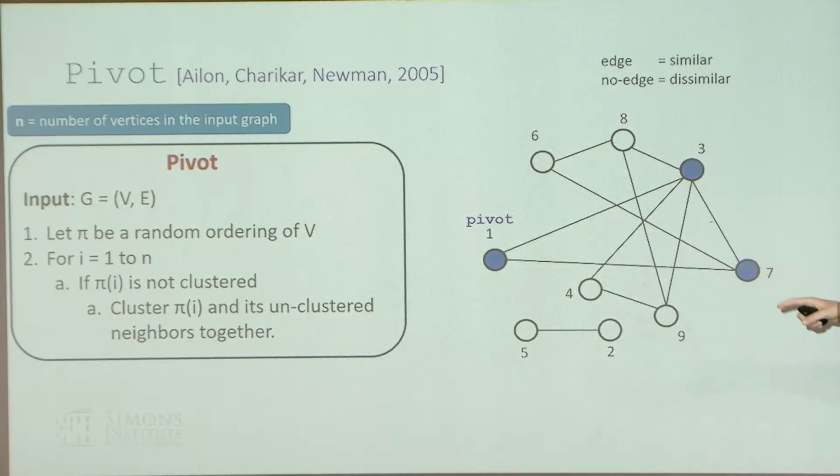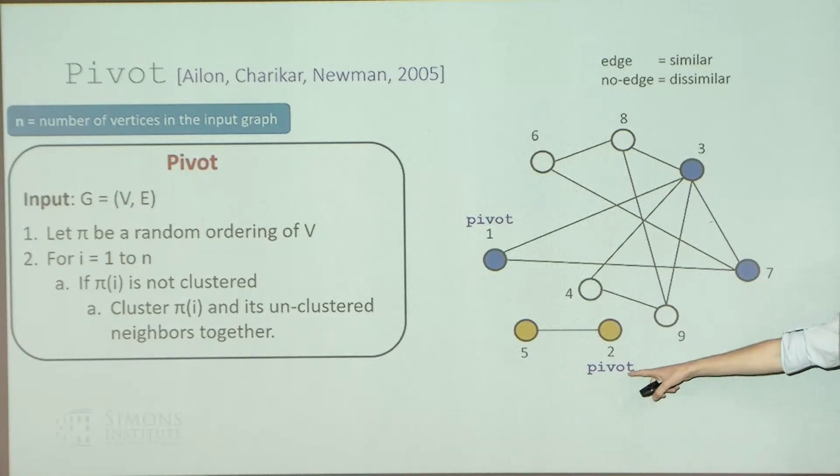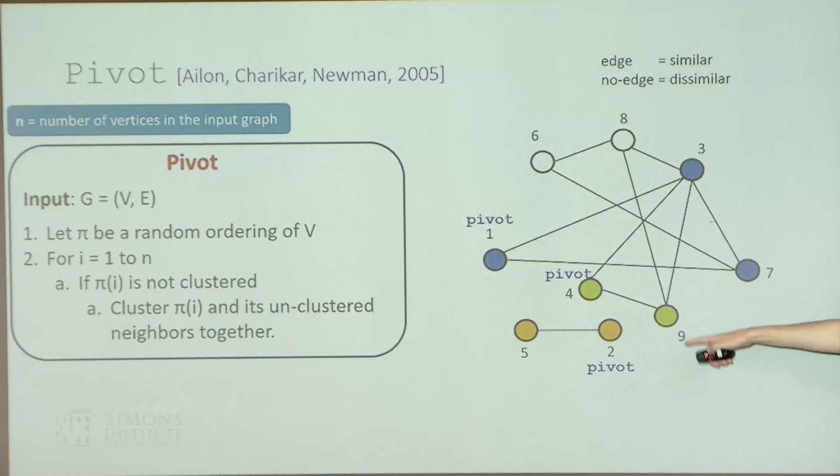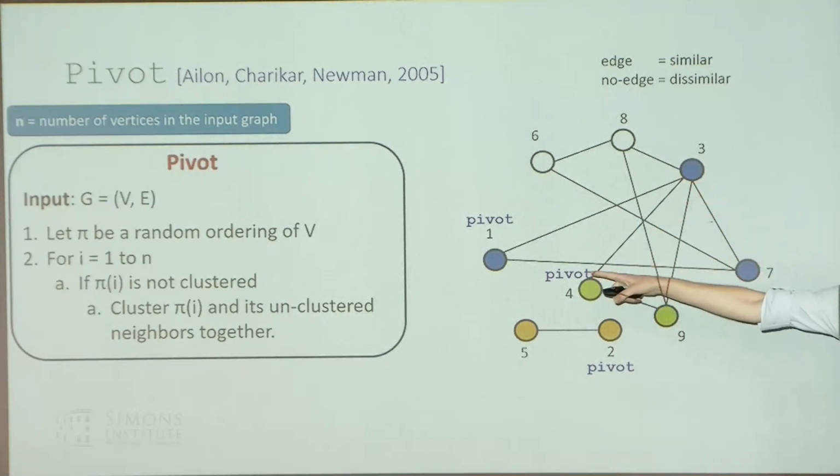From this point on, 1, 3, and 7 are all clustered. We look at the next vertex with respect to pi value, it's 2. We also label this as pivot, and we put 2 and 9 in the same cluster. 3 is clustered, so we just skip 3. Then we look at 4, call it pivot, and cluster it with 9. Notice that 3 is still clustered with 1. It did not change the clustering. And then finally, we look at 6 and cluster 6 and 8, and 6 is also a pivot.